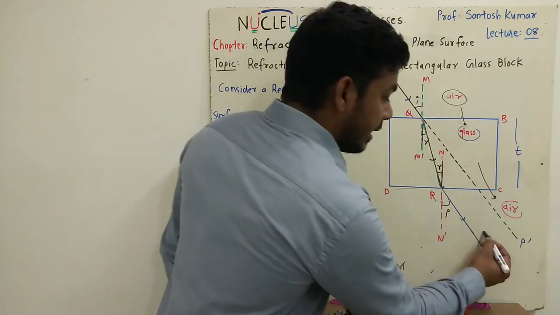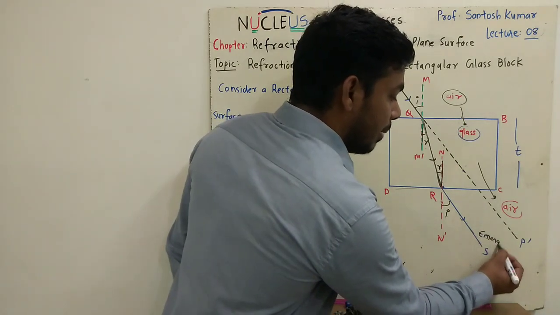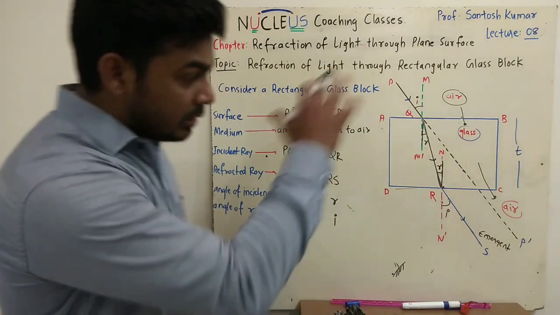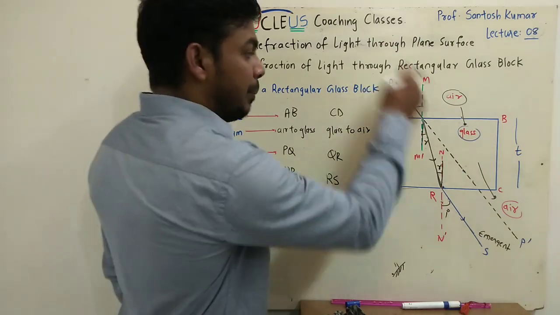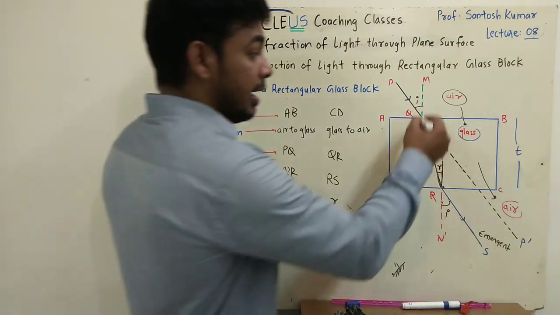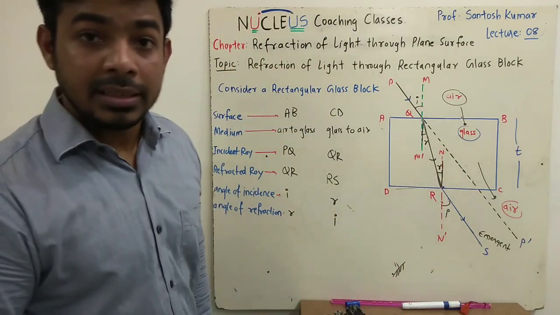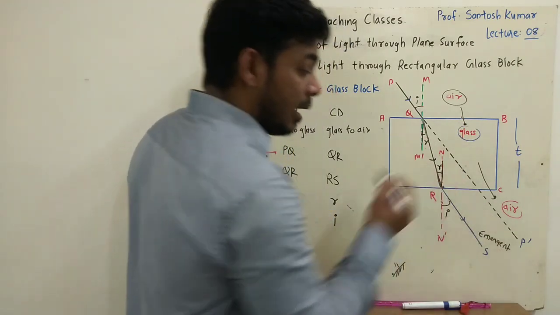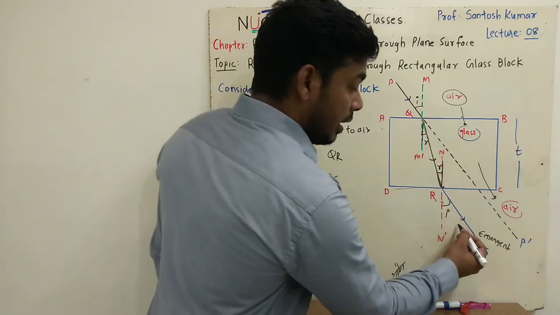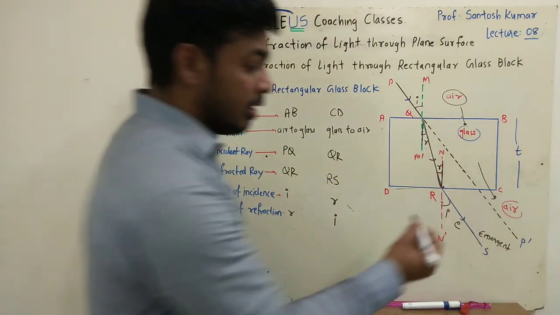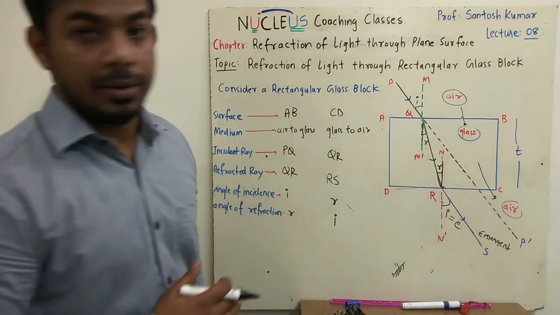So the ray RS is called the emergent ray. So in the entire figure you can say PQ is the incident ray, QR is the refracted ray and RS is the emergent ray. And the angle made by emergent ray with normal is called angle of emergence, which is numerically equal to I.